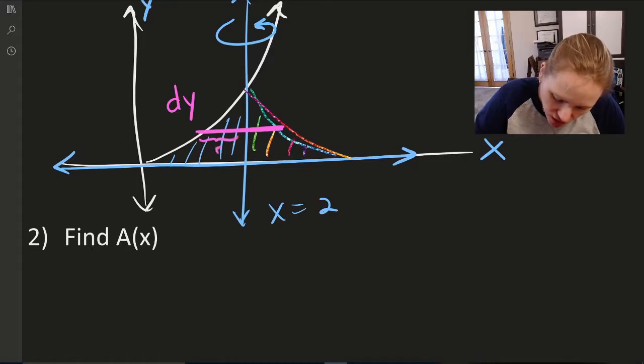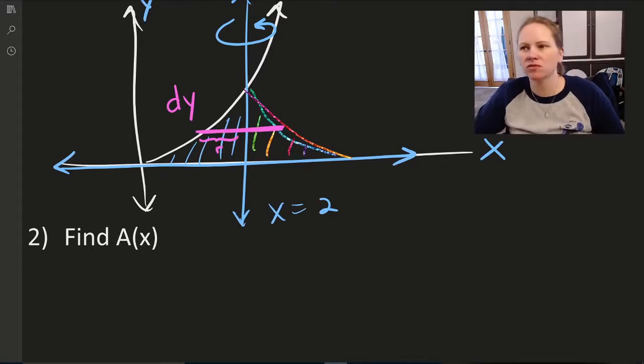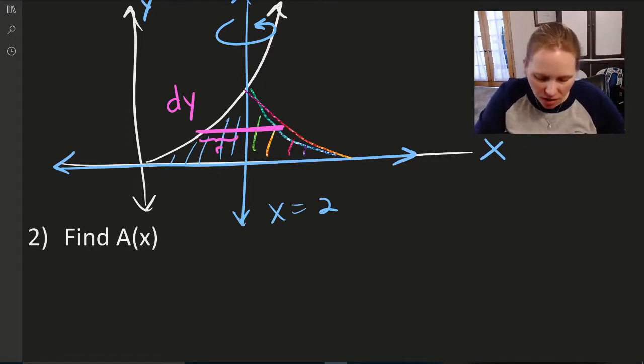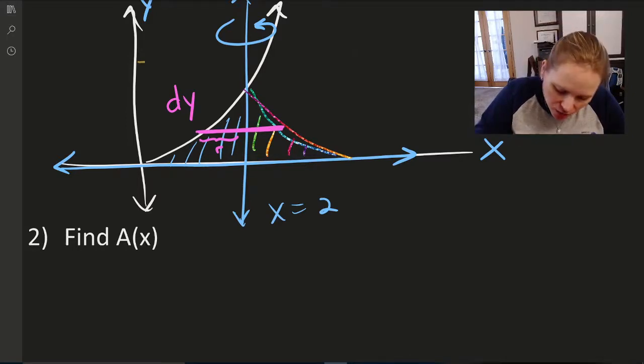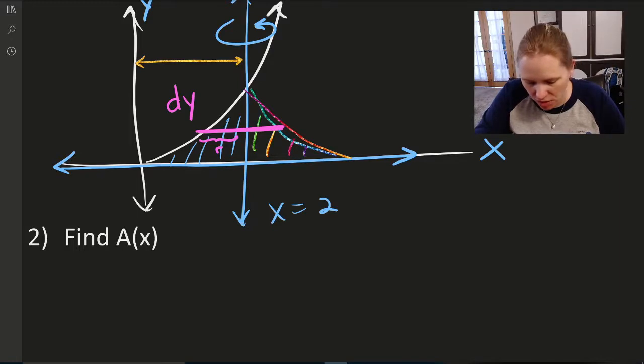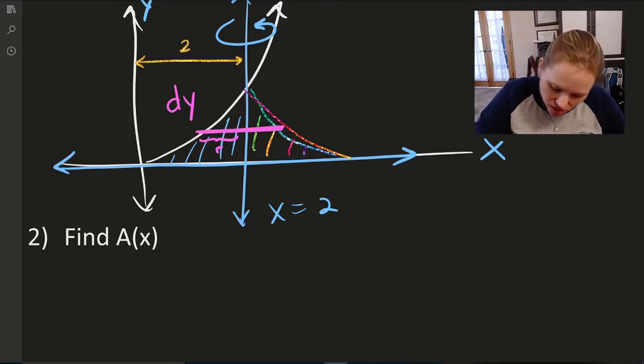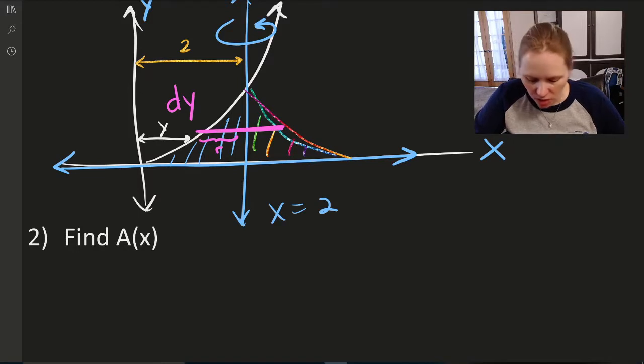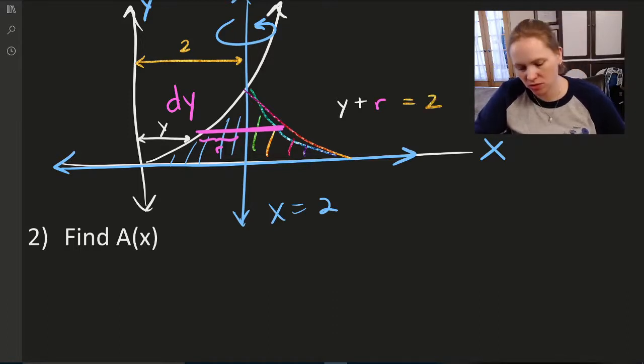This is r. So let's think about this. This is where it gets a little tricky. The distance from the y-axis to my axis of revolution is 2. The distance from the y-axis to the curve is y. Well, looking at this, y plus whatever r is should equal 2.